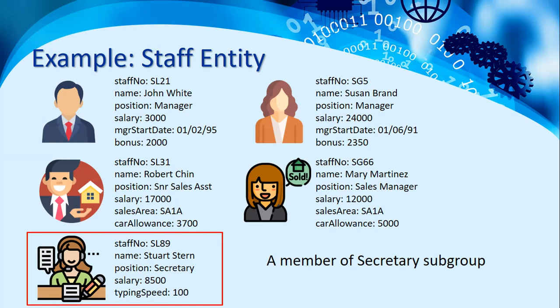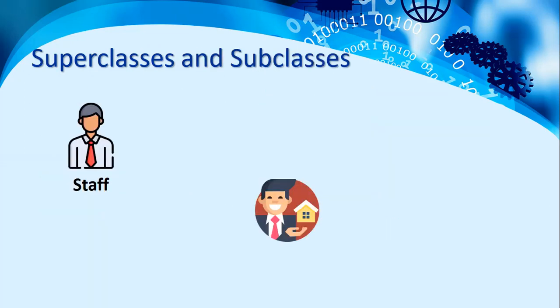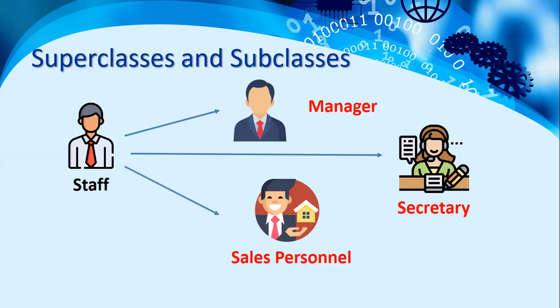Here in the next slide, just to illustrate what I mean, staff is therefore a superclass because it has the following subgroupings: first the manager, then the secretary, and then the sales personnel.